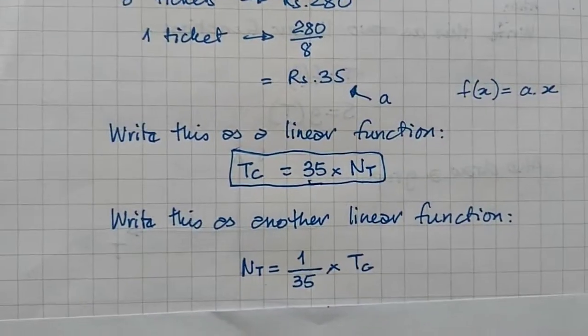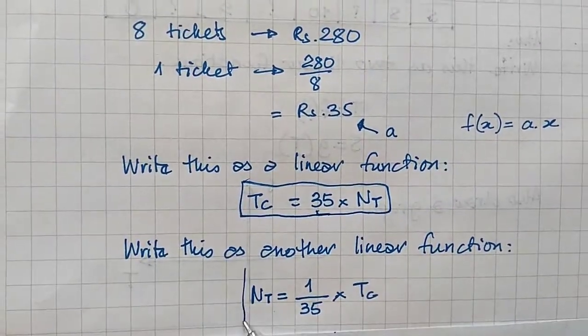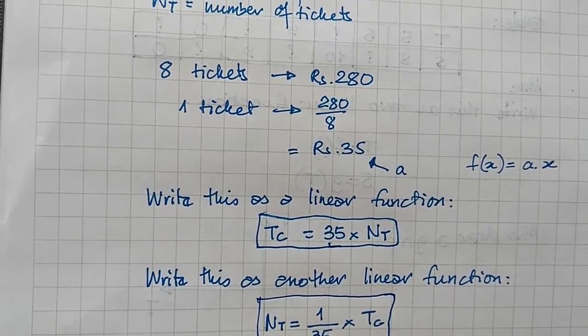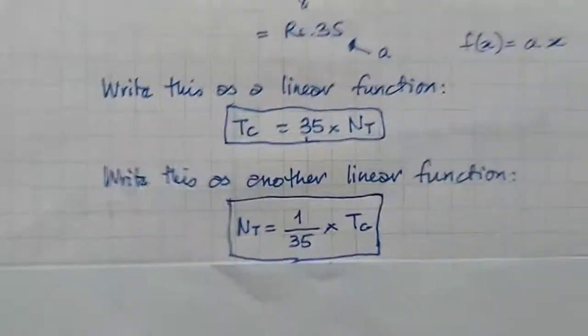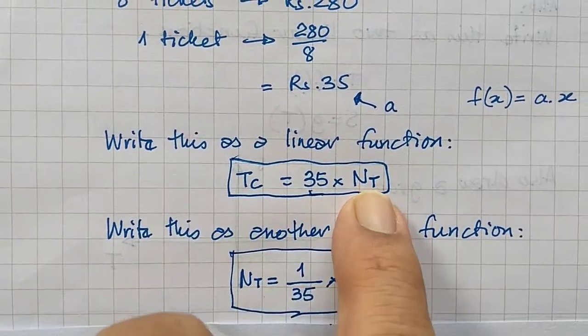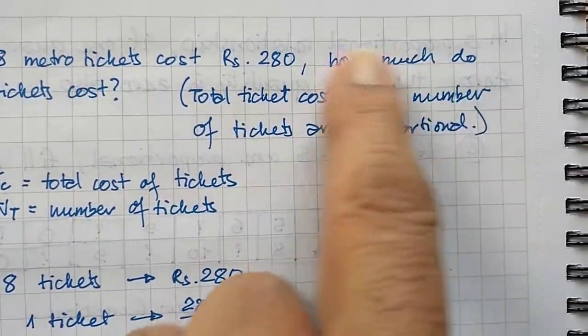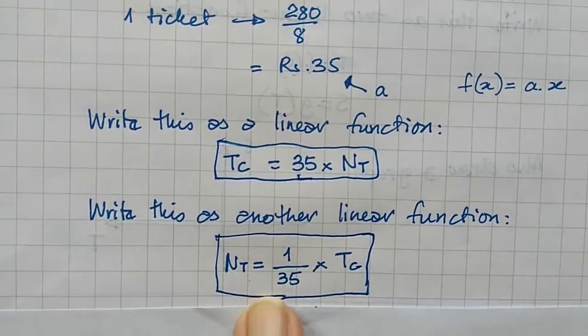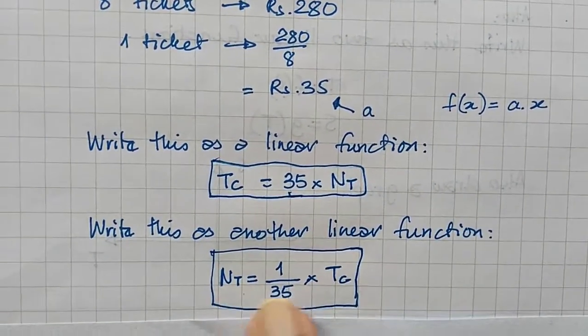We put NT on the left and TC on the right, and we do a little bit of algebra and we get this as the other linear function. So this linear function expresses the relationship between these two quantities that are proportional.